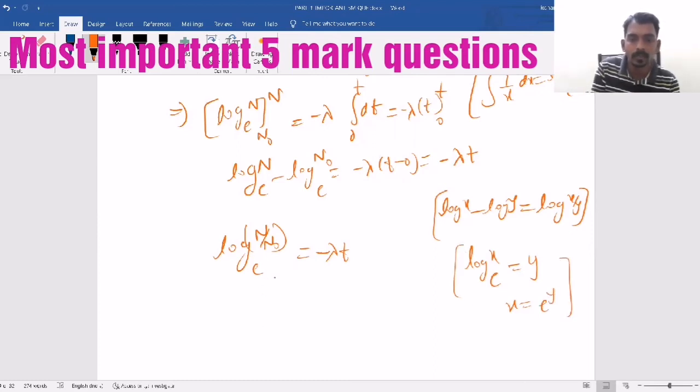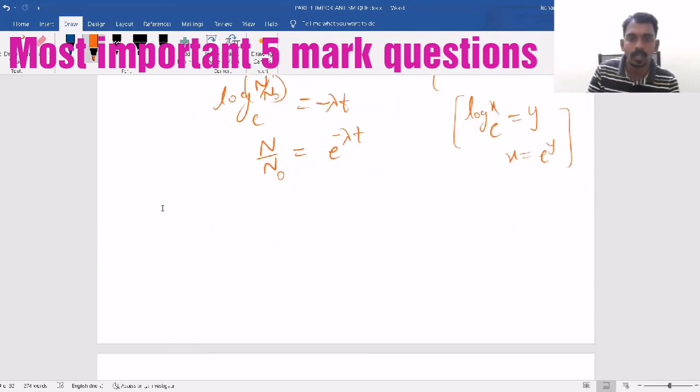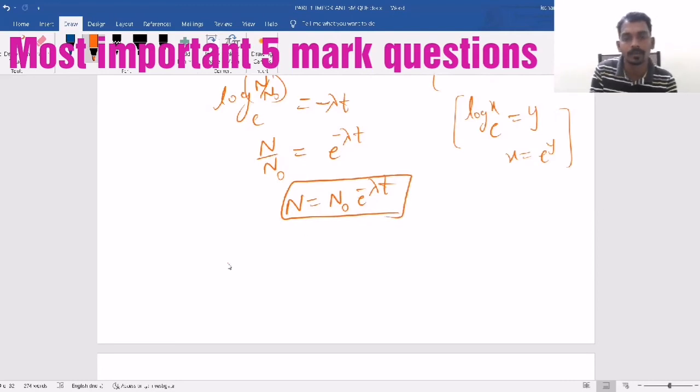So in place of x, we have N by N naught, equal to e power y, and in place of y we have minus lambda t. So now the equation becomes the number of atoms undecayed N equal to N naught into e power minus lambda t. Hence we can say that it is proved.